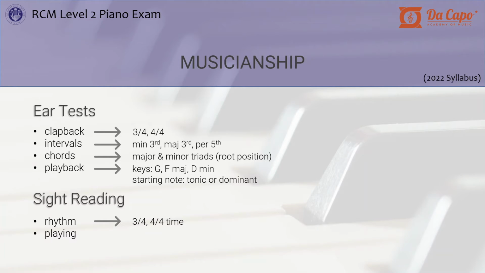And for the playing, which is the actual sight reading, where you're given some music in front of you and you have to play it for the examiner, the possible keys here are C, G or F major, or A or D minor, and the time signature is 4/4. Moving on.